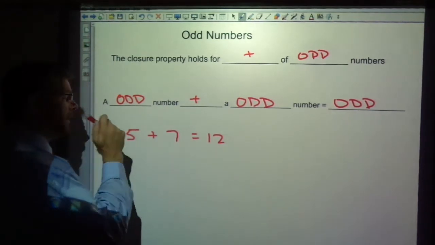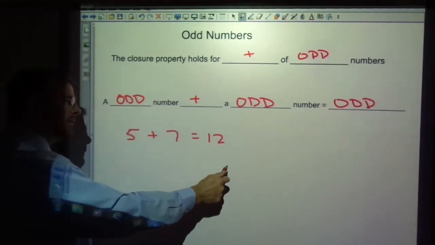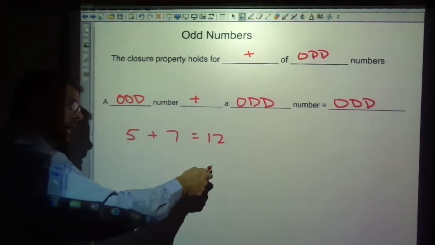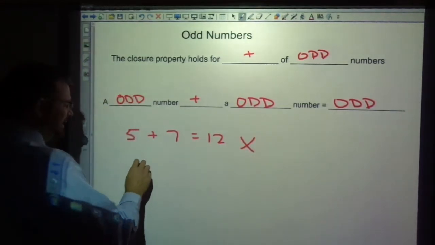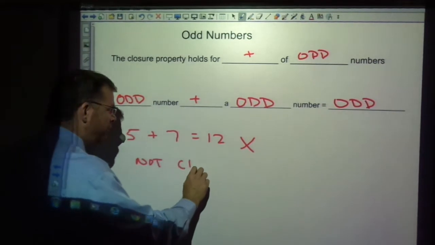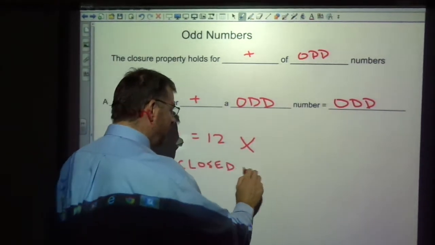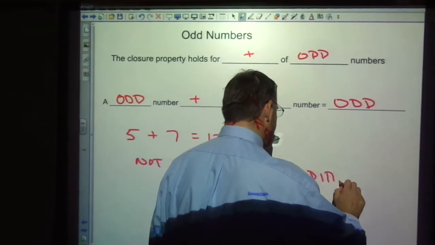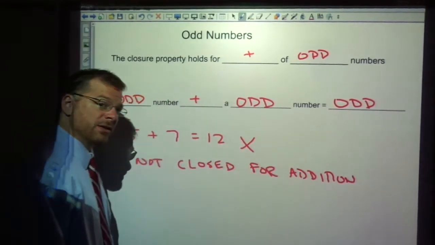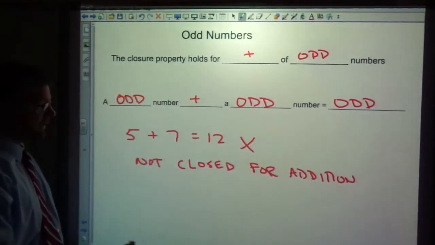Wait, odd plus odd equals even. So odd plus odd doesn't equal odd. So there is not closure, which means it is not closed for addition. Does that make sense? Hopefully it does to you.